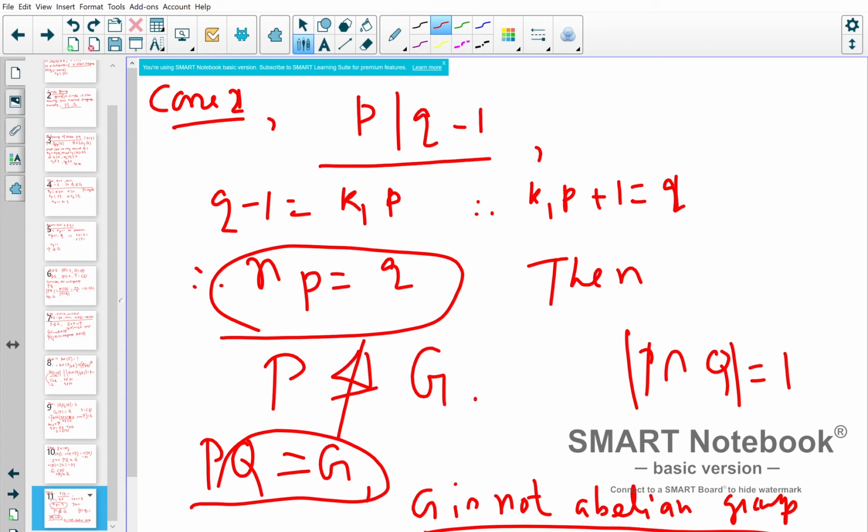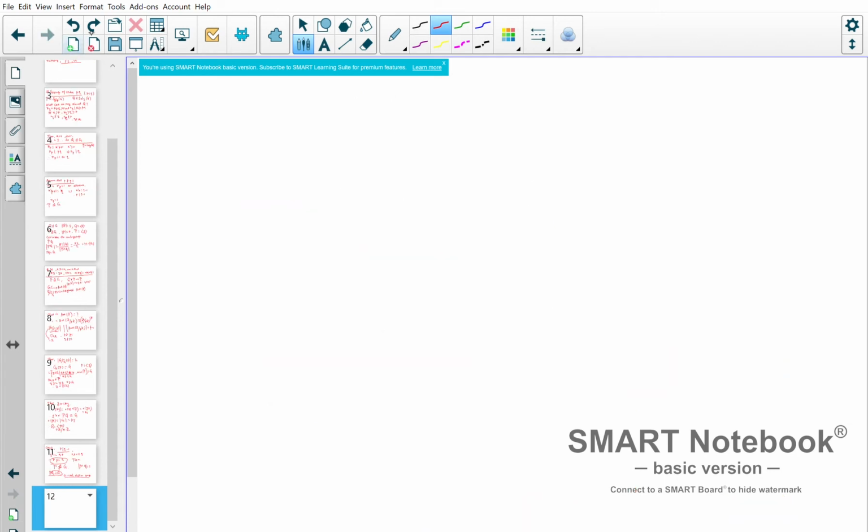Now obviously there are so many other examples to check whether something is normal or not. For example, I can ask you about a group of order, say, 30.